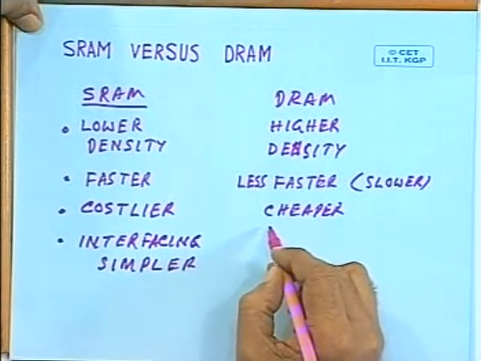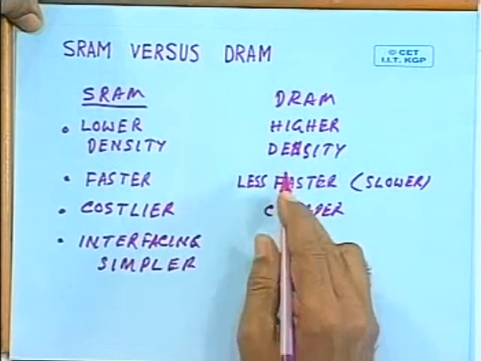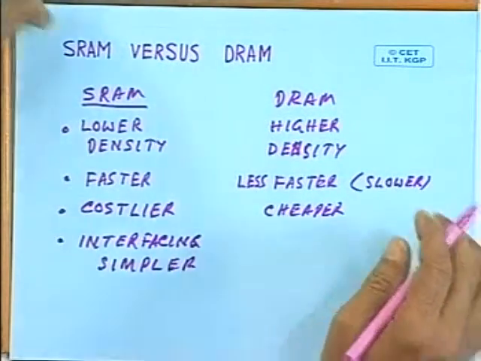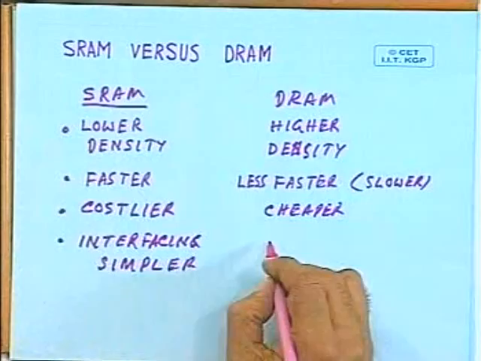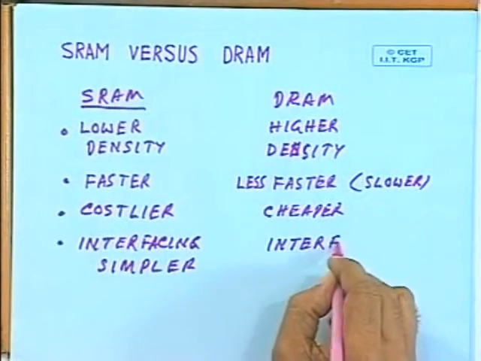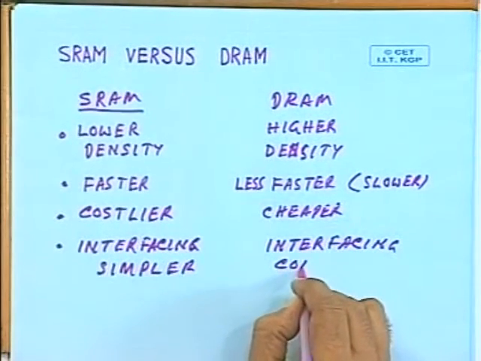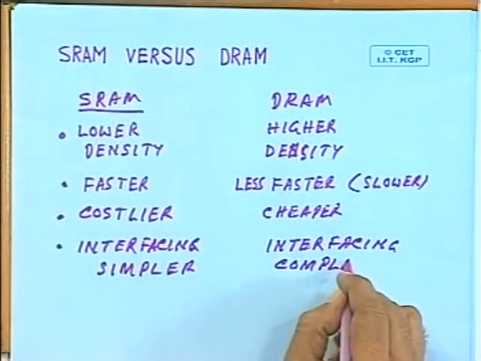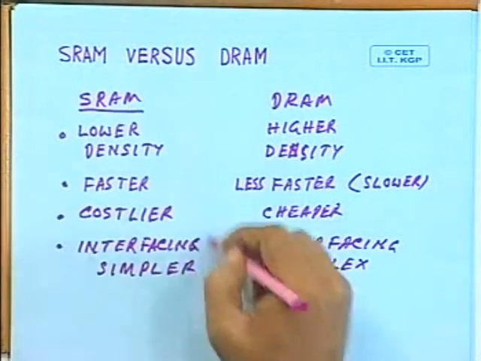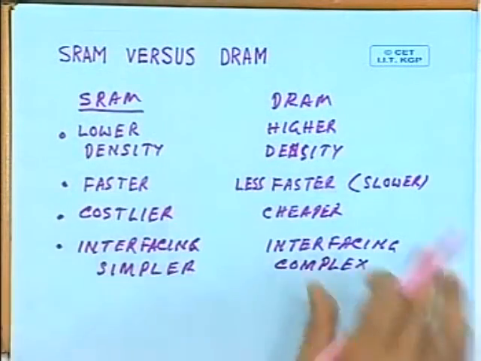Here, as I have already mentioned, you have to use refreshing for the dynamic memories, and as we shall see, the row address and column address do not come simultaneously, and as a consequence the interfacing is very complex, or difficult, you can say. And because of these reasons, SRAM is widely used in small systems instead of DRAM.